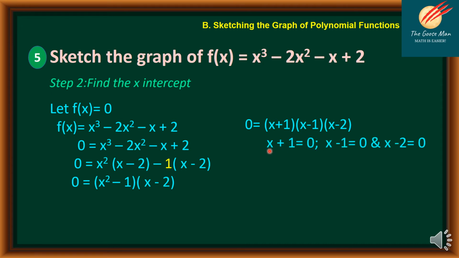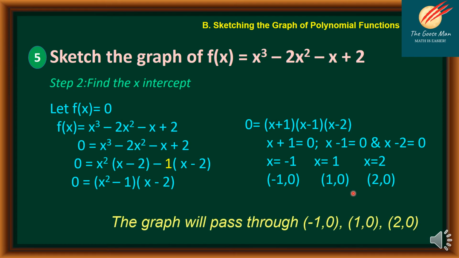Here, x plus 1 equals 0, x minus 1 is equal to 0, and x minus 2 is equal to 0. Therefore, x is equal to negative 1, x is equal to 1, and x is equal to 2. So the x-intercepts are negative 1, 0, 1, 0, and 2, 0. It means that the graph will pass through negative 1, 0, 1, 0, and 2, 0.